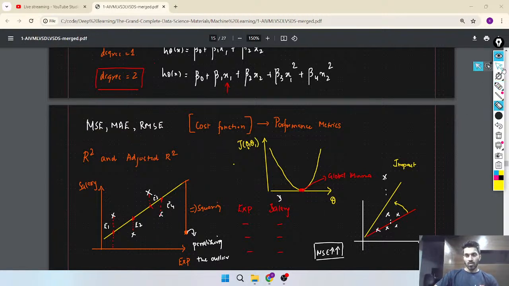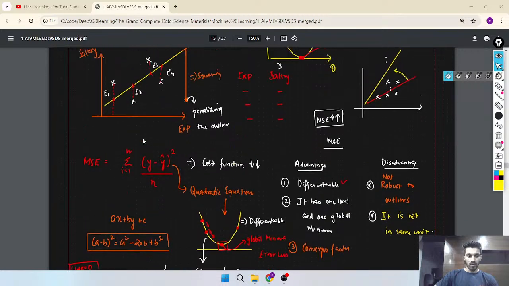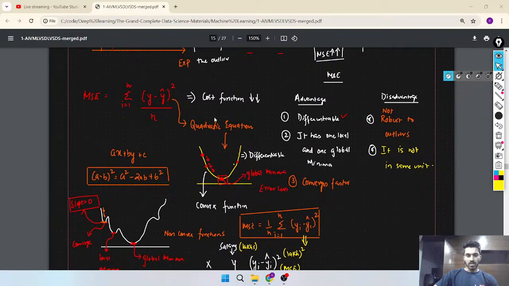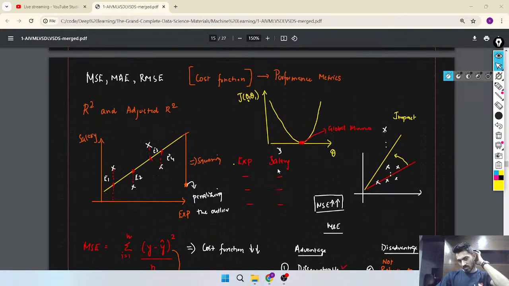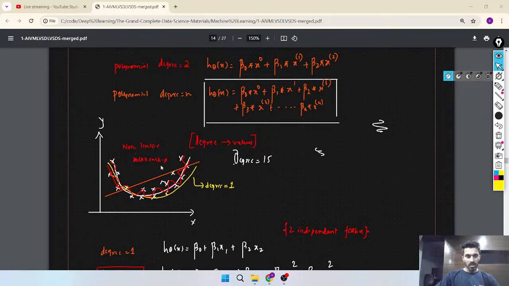So now, how do we calculate all of these? This is the cost function we basically use. MSE, mean squared error, is used to find the gradient.